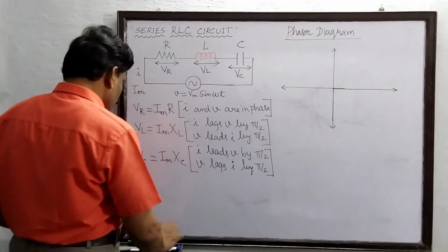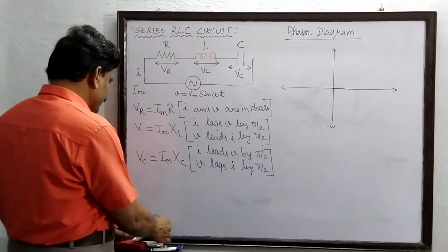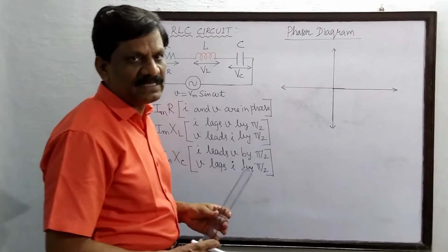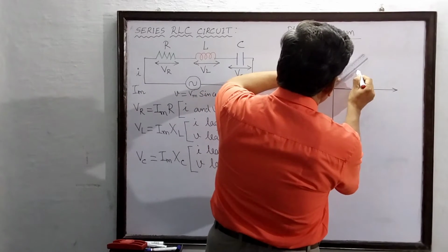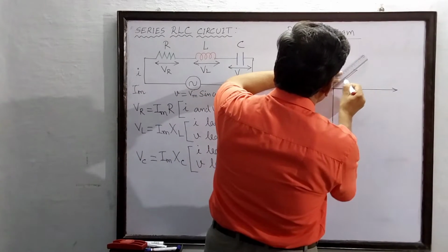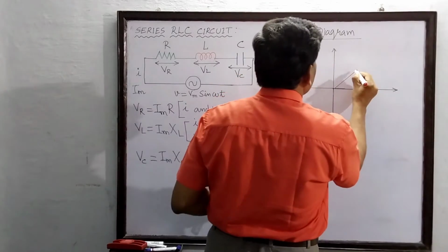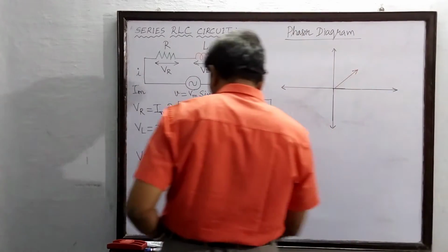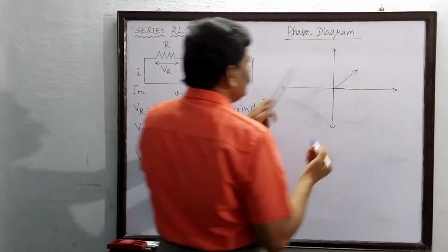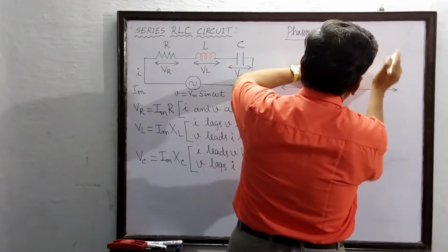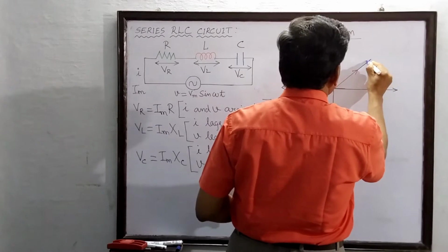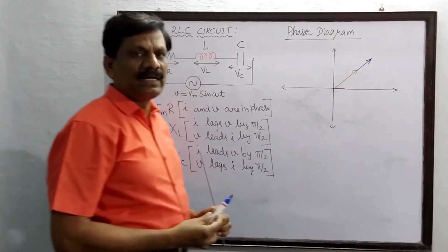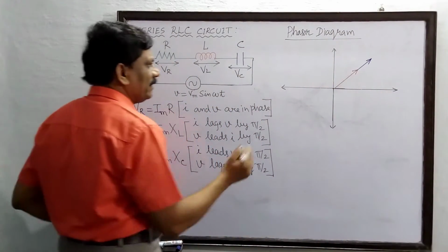Okay. Now the standard reference we have taken is the resistive circuit. First I will take the resistive circuit, so this is the direction of the current. So this is the current. And you know that the voltage in the resistive circuit is in phase with the current. So I will represent the origin.